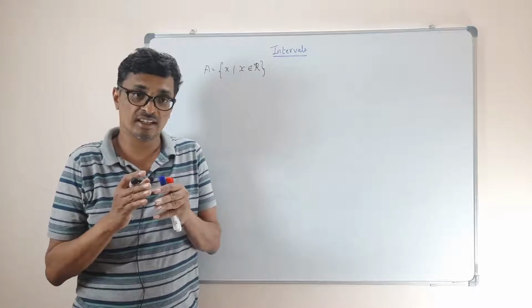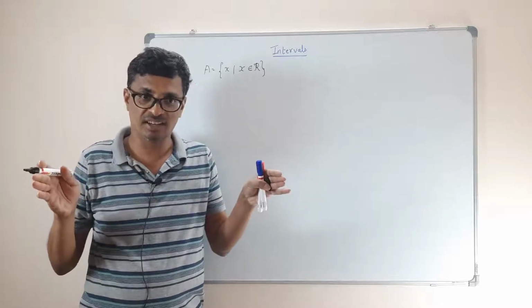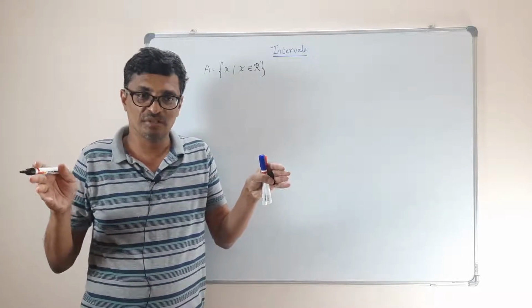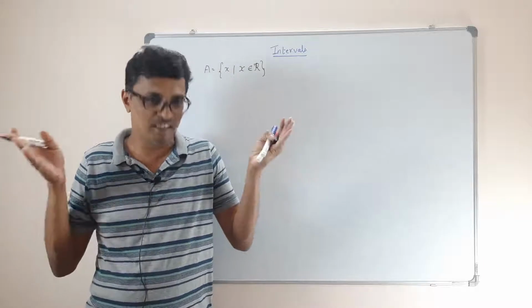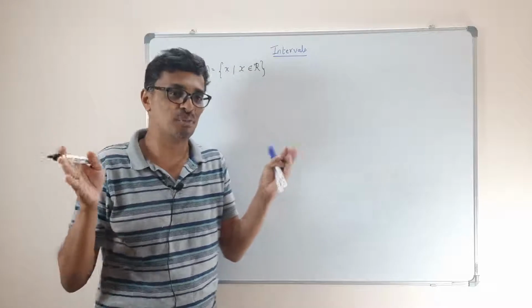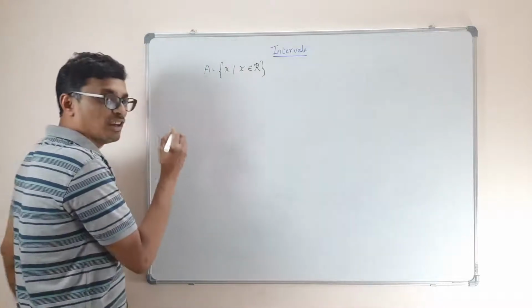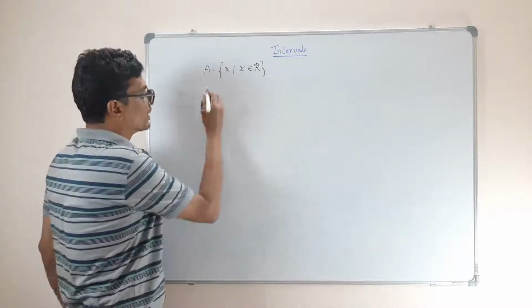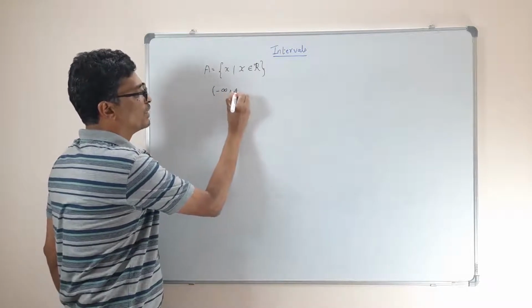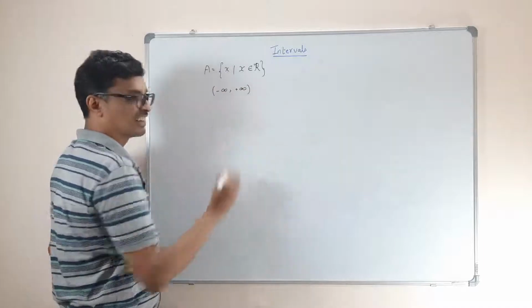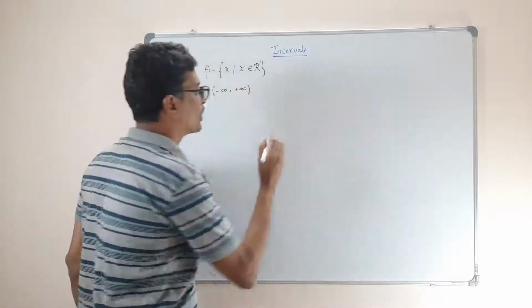Is it closed or open? You can't reach infinity, so it will be open. Very good, infinity is open. So for the set of all real numbers, we say minus infinity to plus infinity, and this is open. In a number line, how do you represent it?